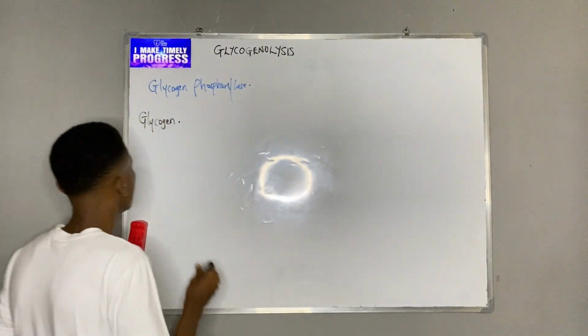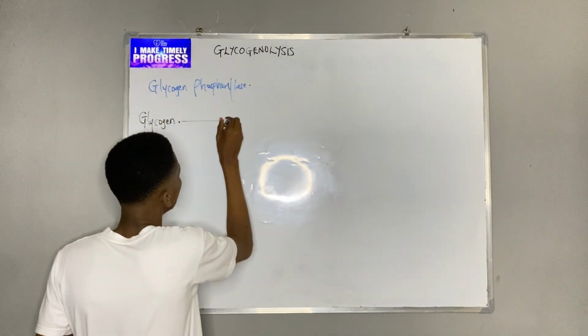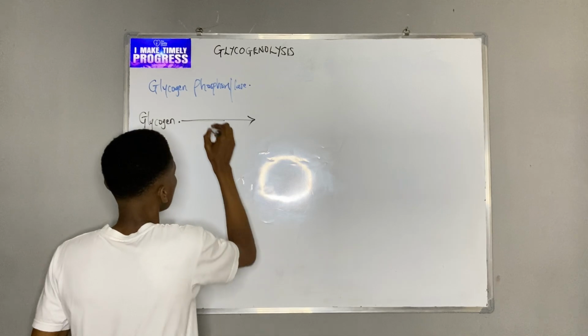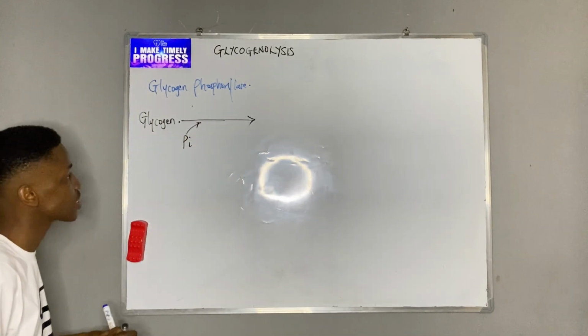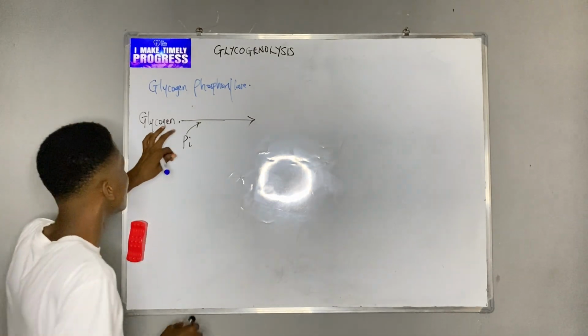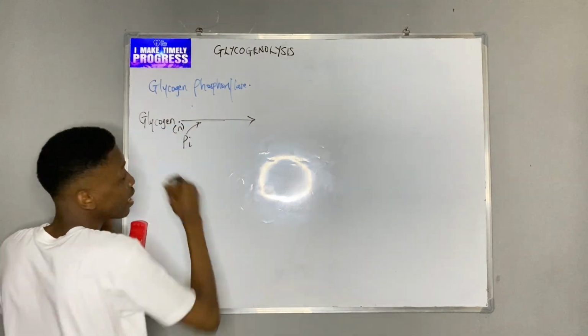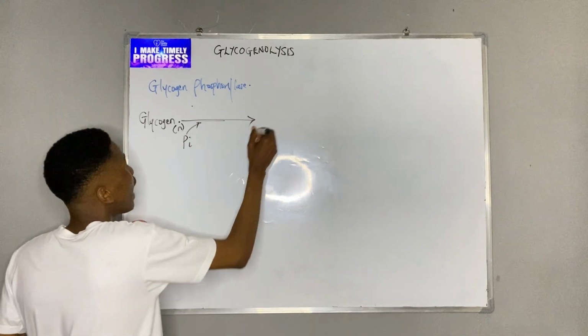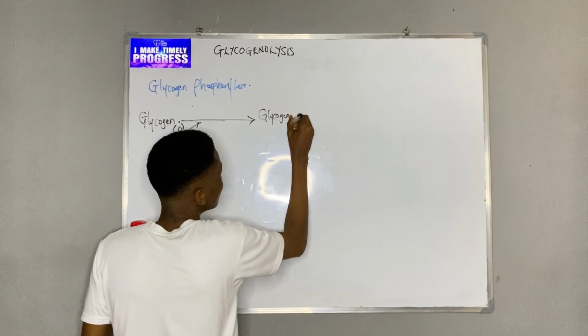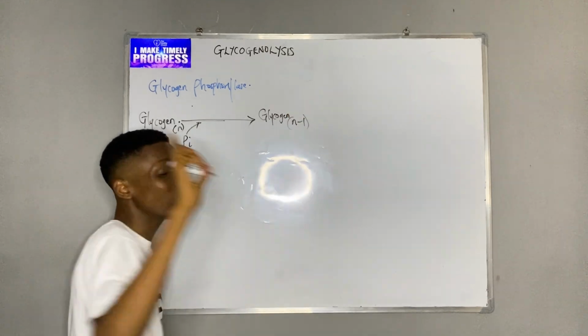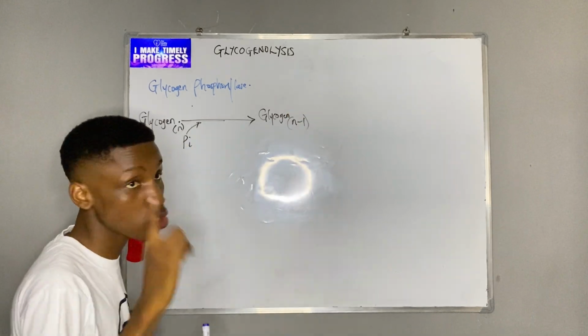So he goes to an already present glycogen and facilitates addition of inorganic phosphates. The aim of this is that from a glycogen that had maybe n number of glucose molecules, I will now be having a glycogen that has one less, that is, a glycogen that has lost one glucose.